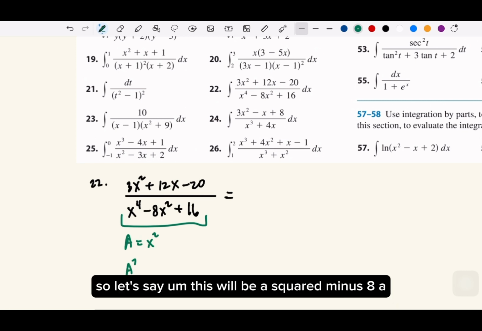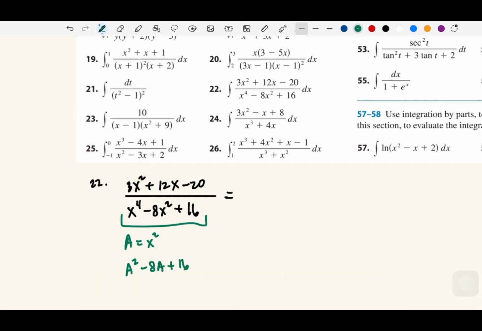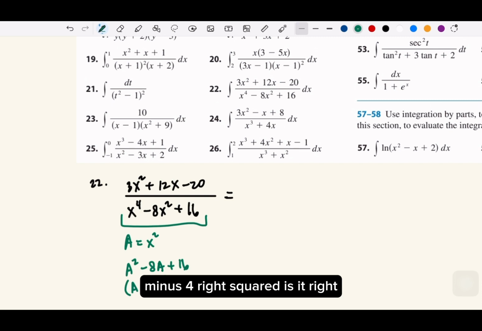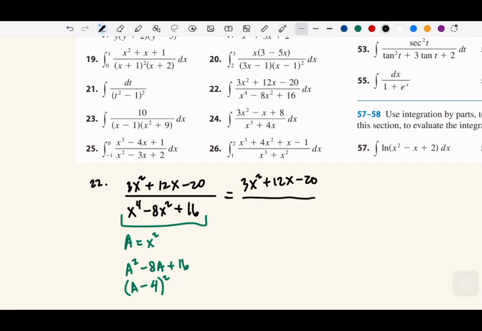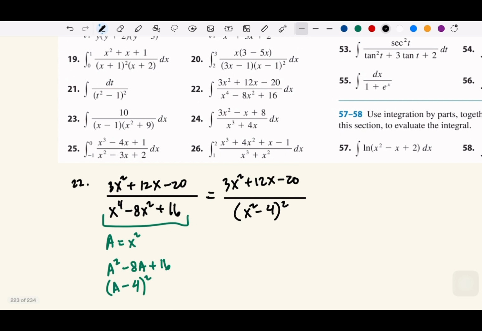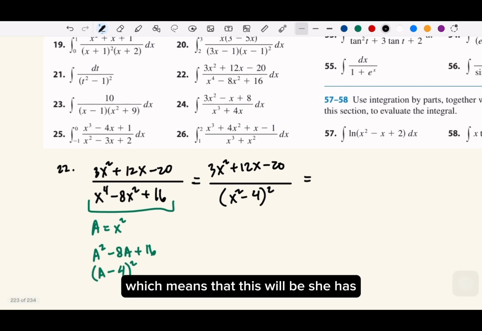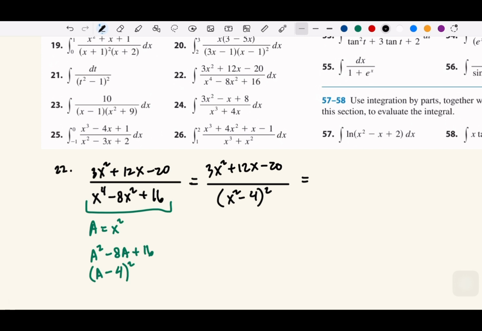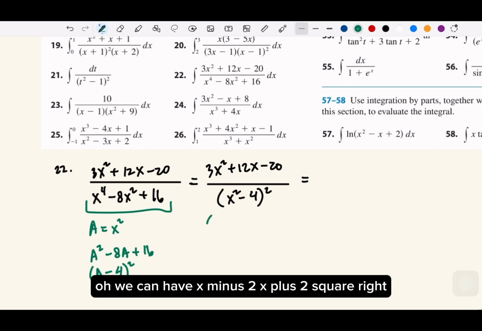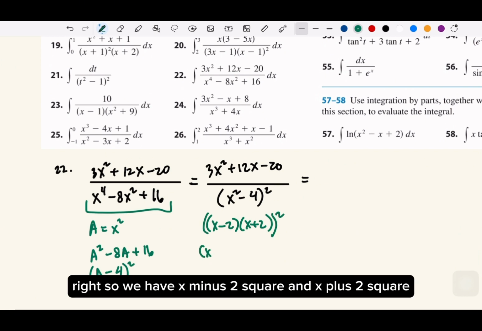Then this will be a squared minus 8a plus 16, so we can have a minus 4, squared, right? So x squared minus 4 is x minus 2, x plus 2, squared. So we have x minus 2 squared and x plus 2 squared.